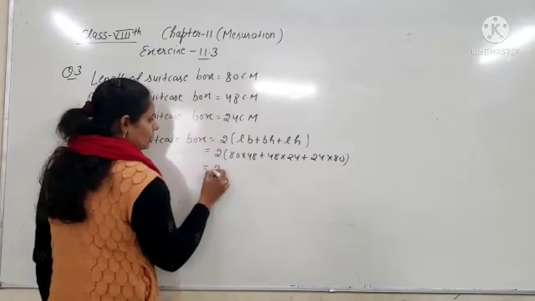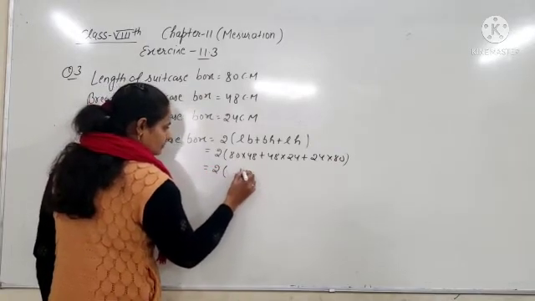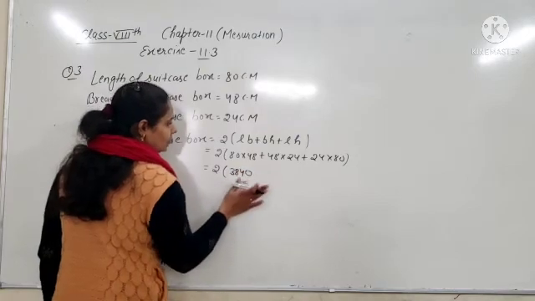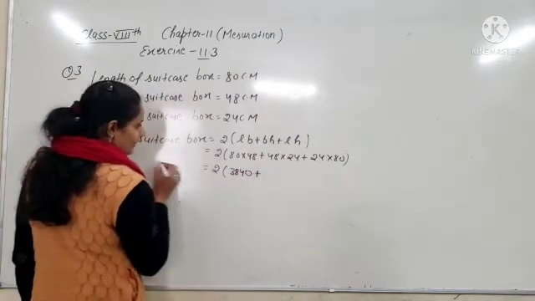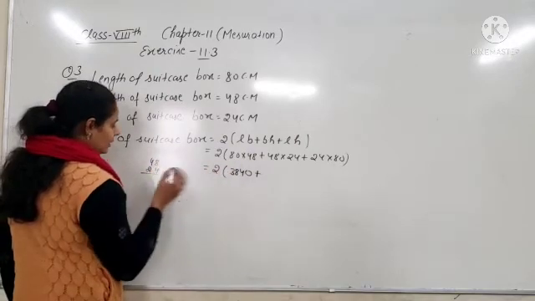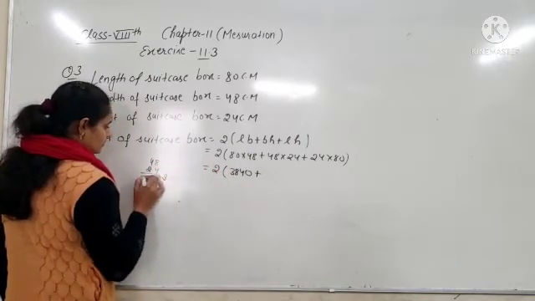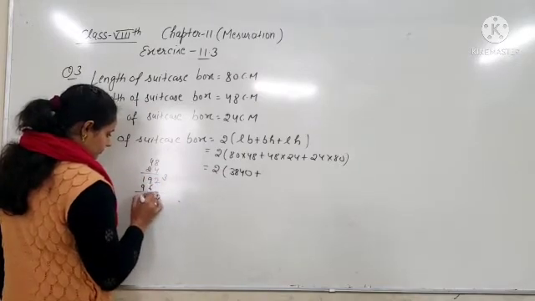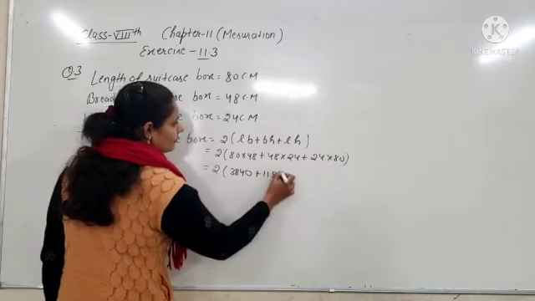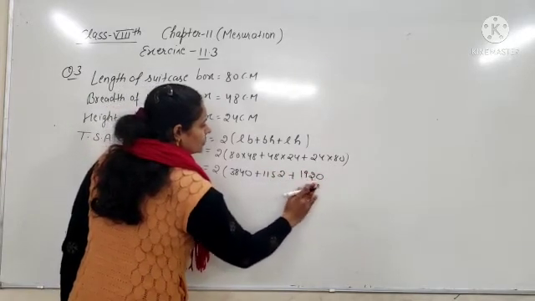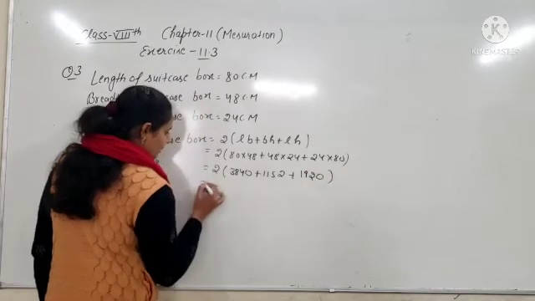Okay, so 80 into 48 is 3840. Now 48 multiplied by 24 is 1152, plus 24 into 80 is 1920. Okay, now add them and multiply by 2.